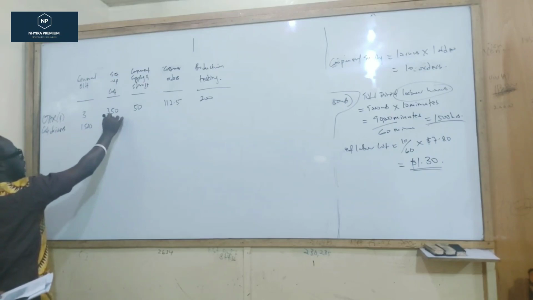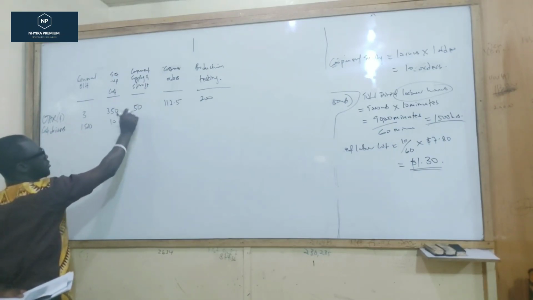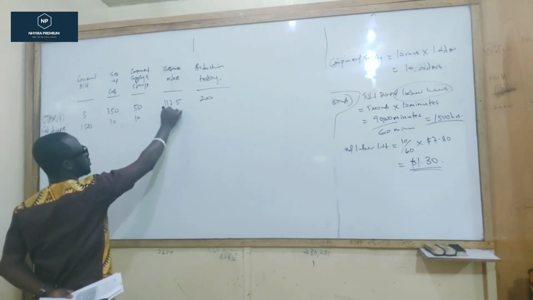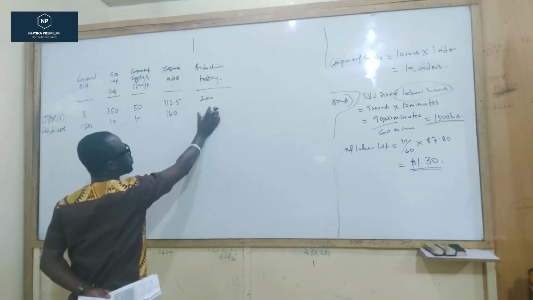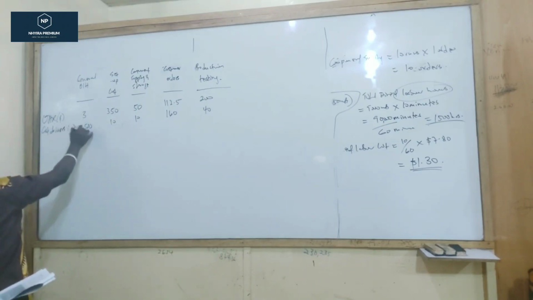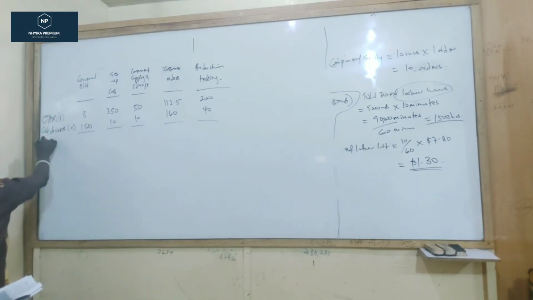How many component supply did we do? 10. How many customer orders did we receive? 160. How many testings did we do? 40. So we're going to multiply them up respectively, and that's going to give us the total overheads.